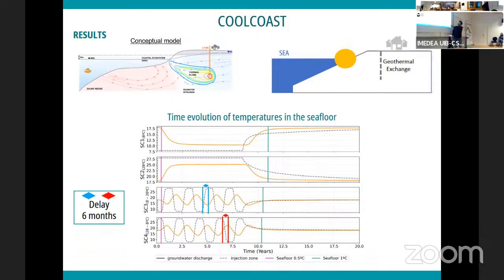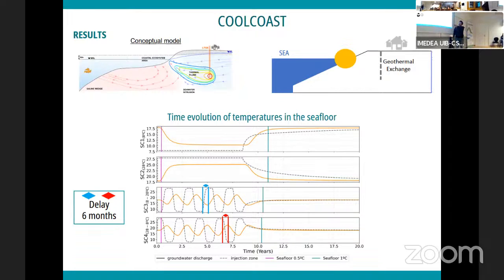So we see that we arrive at more or less 12 degrees constantly, while in the second scenario, with only heat, injecting 28 degrees constantly, we arrive at more or less 25 degrees, constantly arriving at the seafloor at this point.